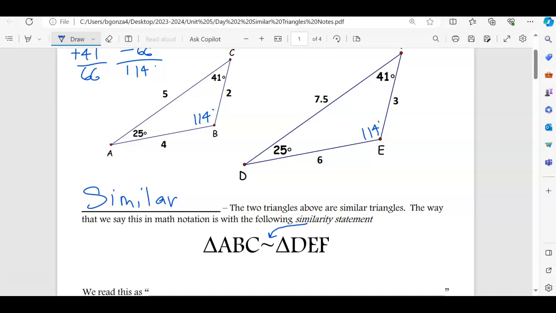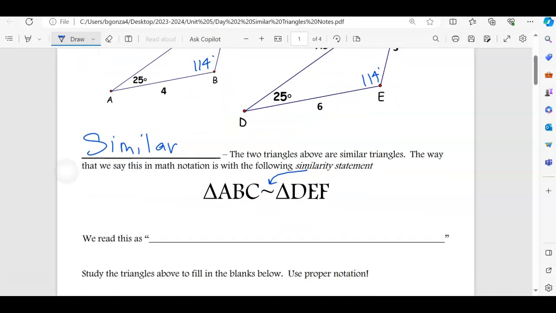But if you take triangle ABC, squiggle, that means similar to triangle DEF. You're telling me it's the same shape but a different size, okay? Now how do we say this? Triangle ABC is similar to triangle DEF.